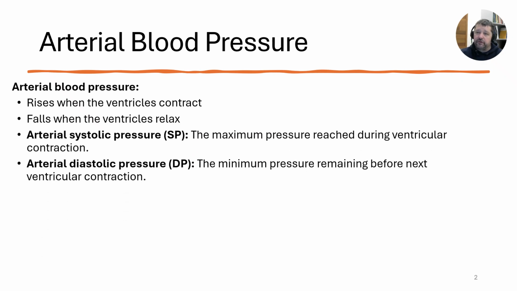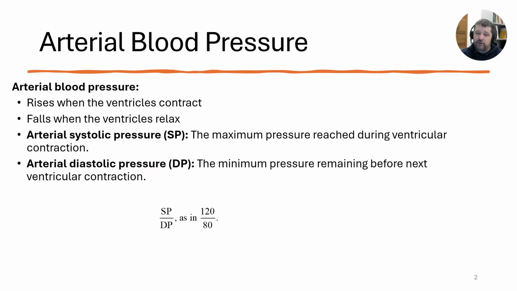There are two measurements for this: systolic pressure, or SP, and diastolic pressure, or DP. Systolic is the maximum pressure when the ventricle contracts, and diastolic is the minimum pressure that remains after that contraction.